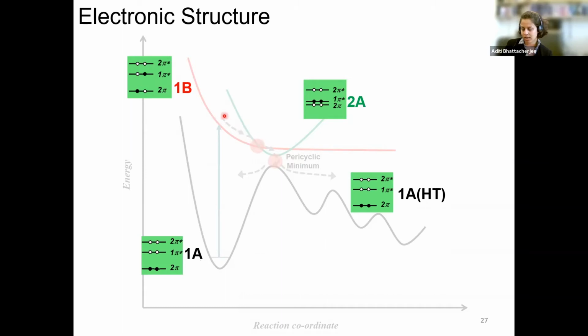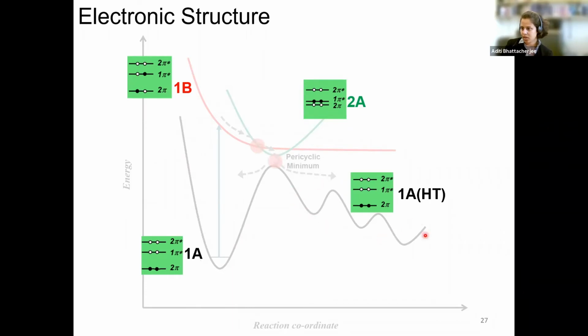As this molecule evolves into the pericyclic minimum, in the vicinity of this, the pi pi star energy gap closes in, as you would expect from the closing gap of the ground state and the excited state potential energy curves. And in this region, the molecule has significant levels of double excitation character.